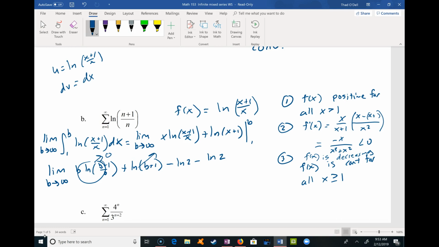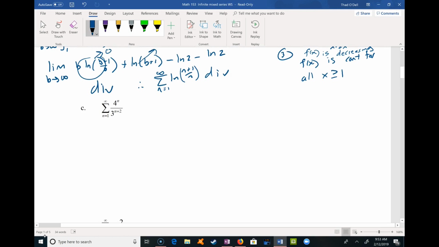This thing, natural log of a growing thing, is just getting bigger and bigger. So this is divergent, and therefore the series natural log of n plus 1 over n diverges.